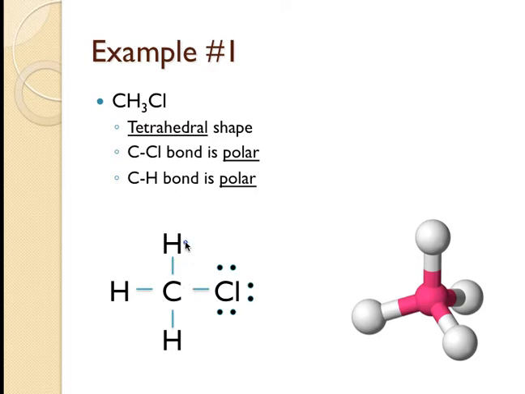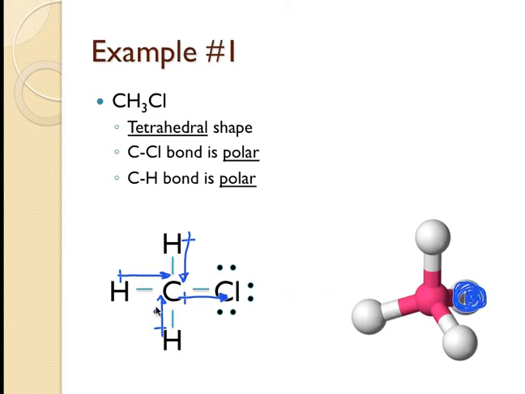If you look at the polarity though, in this bond the hydrogen is going to be partially positive, with the electrons going towards the central carbon atom. Between carbon and chlorine, however, chlorine is more electronegative, so the electron cloud is going to go that way. This should be a different color representing the chlorine.